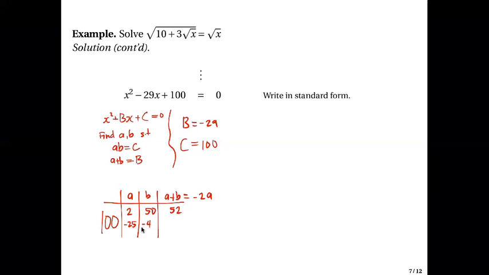You can take both positives, but I'll use both negative because negative 25 minus 4 is negative 29. So this is the one we want. So the factors will be x minus 25 times x minus 4.